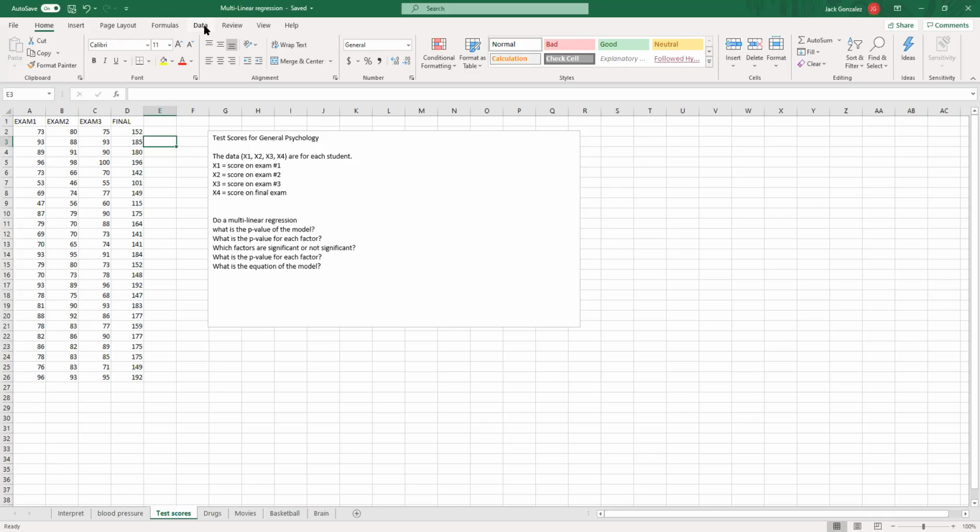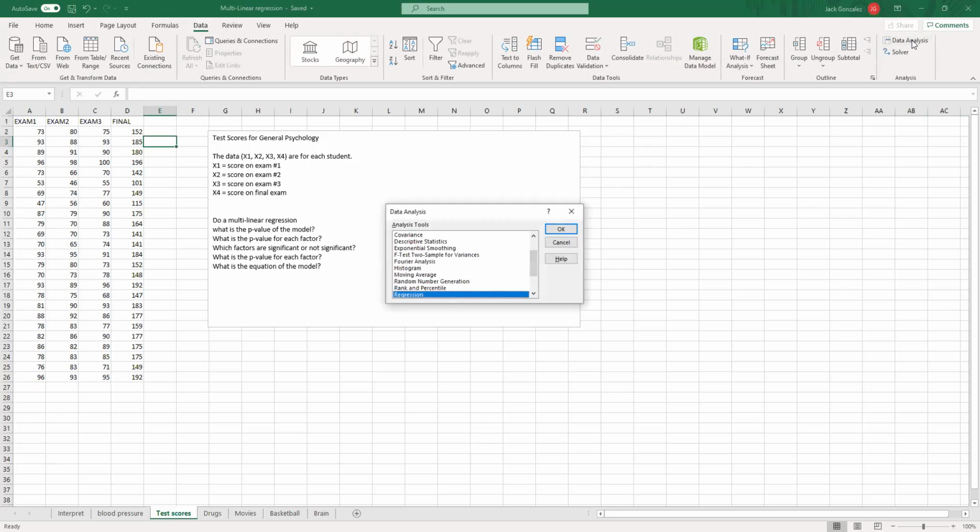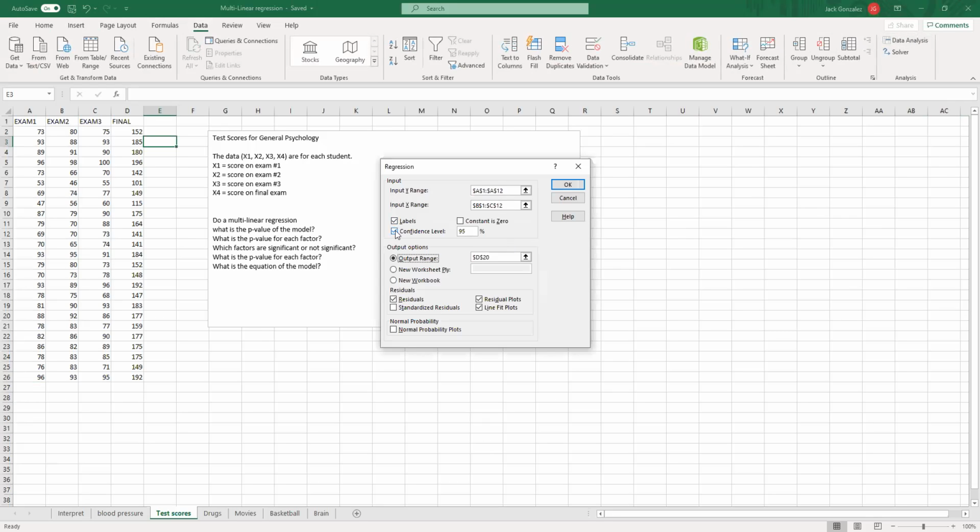All right, so go to data analysis. Okay, regression. I'm gonna hit labels. Everything's the same. This one I'll choose here for the Y variable.